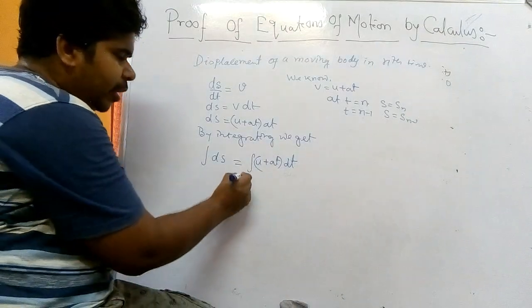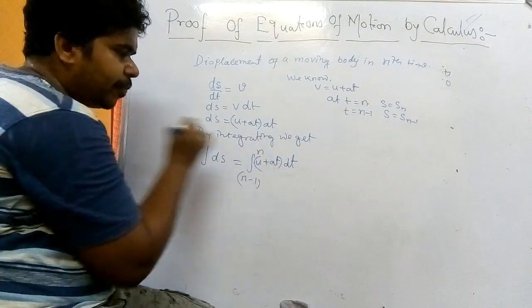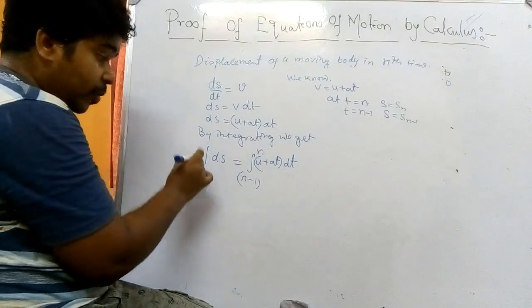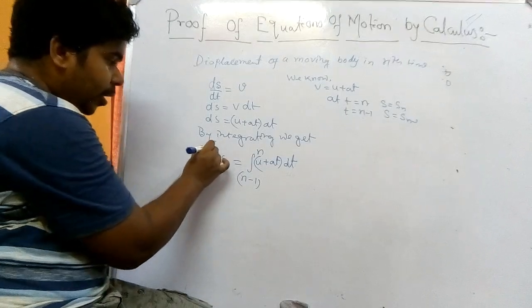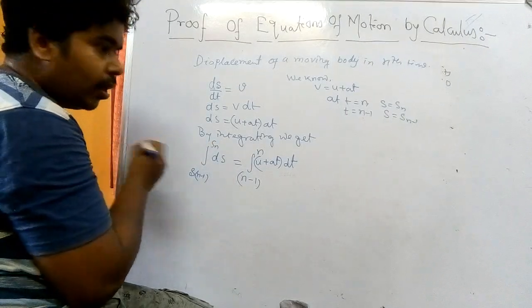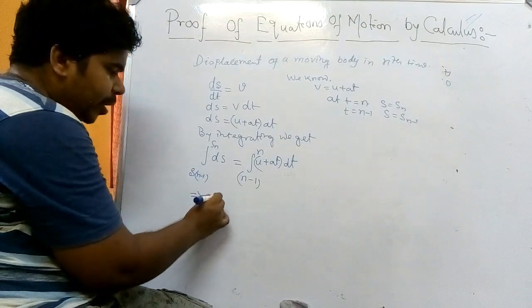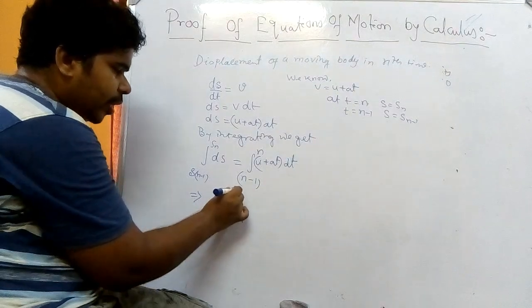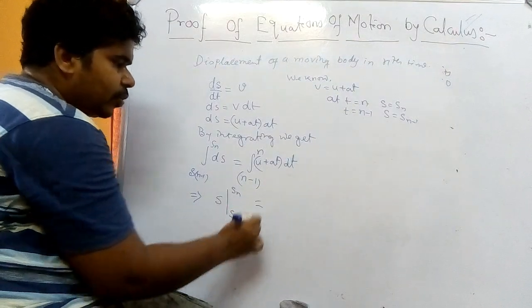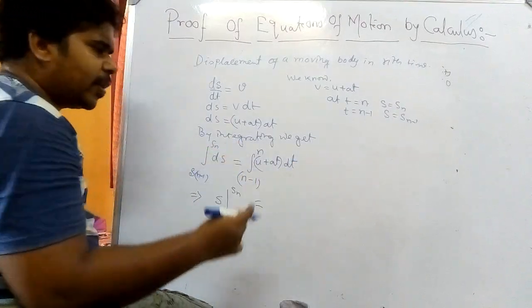So the time t will change from n minus 1 to n, and the displacement will change from s of n minus 1 to s of n. Now let's do the integration. Integration of ds should be s, its limit s of n minus 1 to s of n, equals, if I make it separate, I am doing it directly, just skipping some steps.